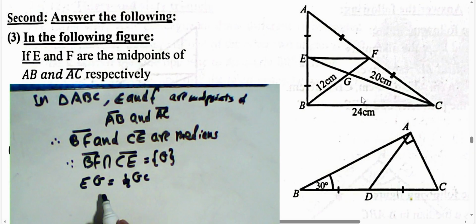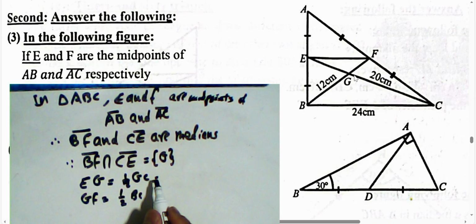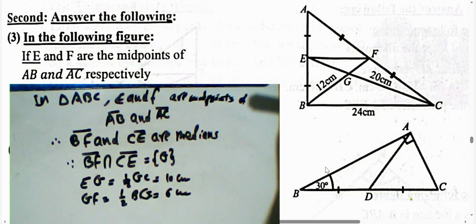And also GF is half of BG. The length here: half of GC will be 10 centimeters, and GF, half of BG, equals 6 centimeters.